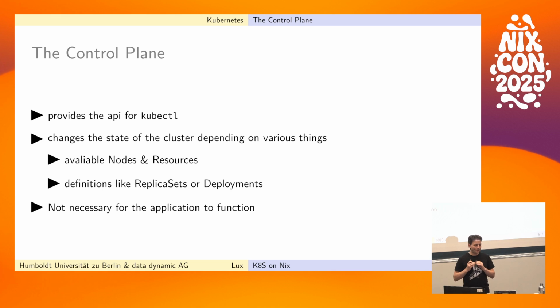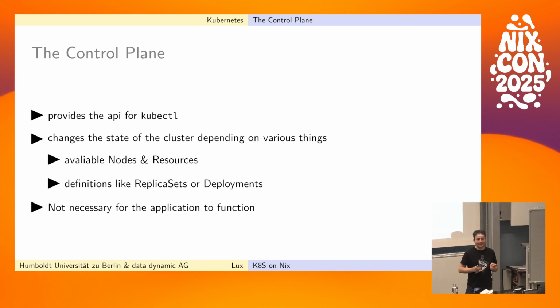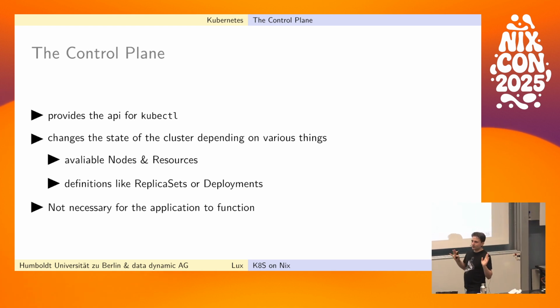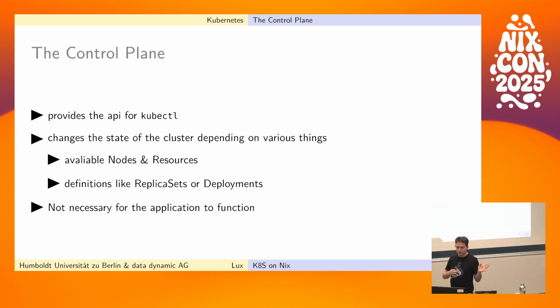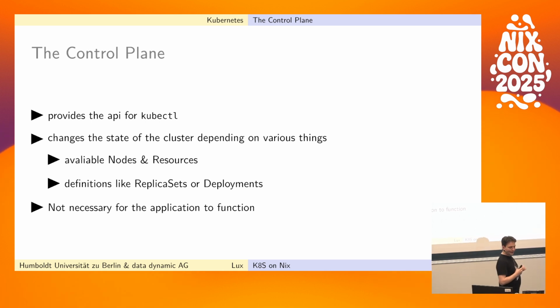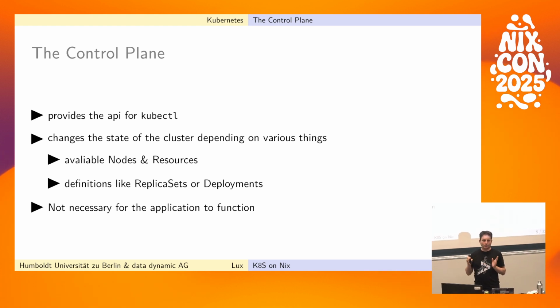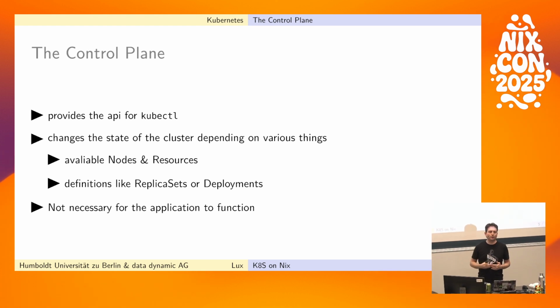Then the core thing we need for our Kubernetes cluster to work is a control plane. Everyone talks about the Kubernetes control plane in comparison to our worker nodes. So how does this control plane work? What is it composed of? The control plane primarily provides an API that can be used by our kubectl, which we use to interact with our cluster.